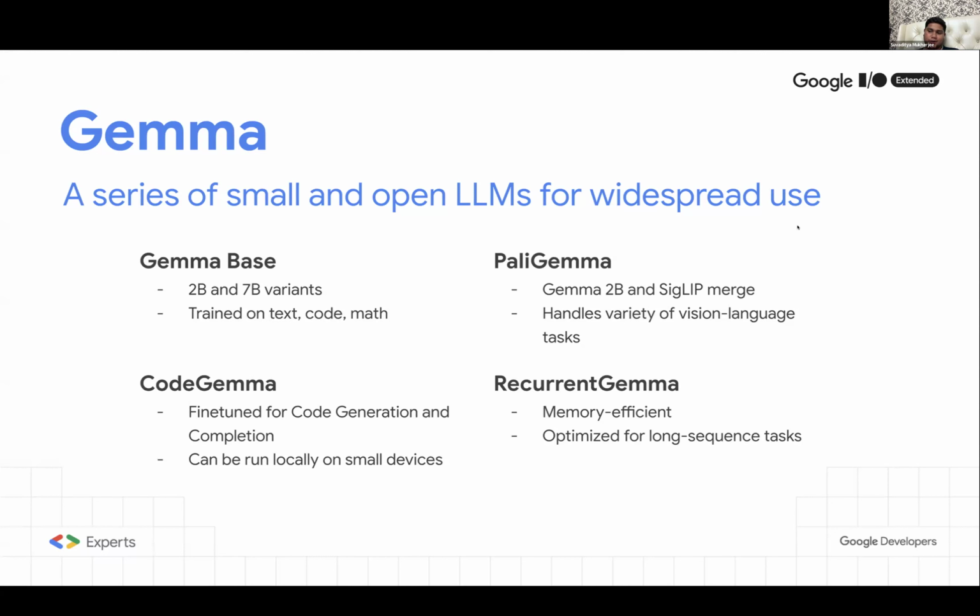But the better section of Gemma models come out from something called RecurrentGemma, which is based on the Griffin model architecture, where it uses attention layers along with recurrent connections. So it just makes for an extremely good context length for something as small as the Gemma model.